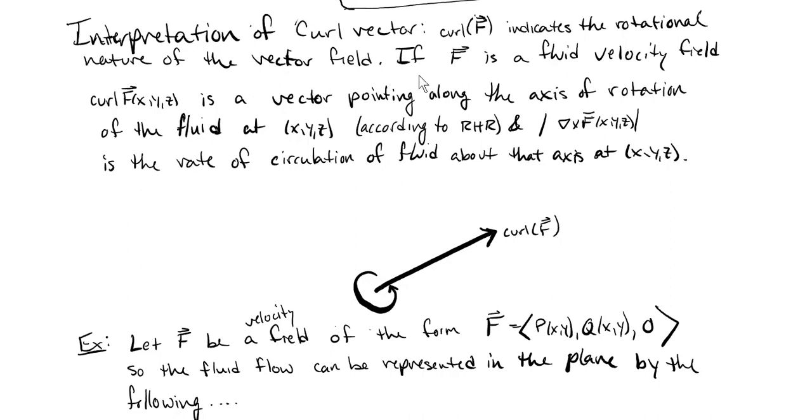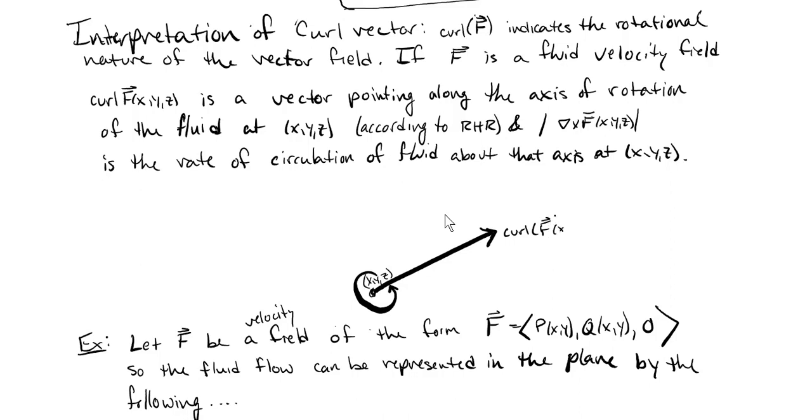Right, so a nice way to think about this is if the vector field f is representing fluid velocity of some fluid that's flowing, then the curl of that field at any point in that fluid is just a vector pointing along the axis of rotation of the fluid at that point. So for example, in my picture down here, I'm saying this point here is xyz.